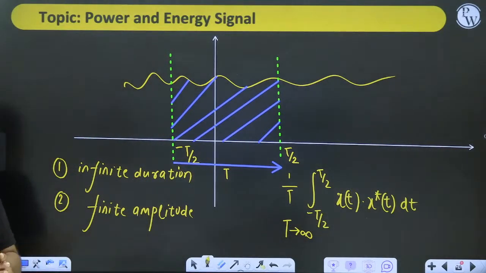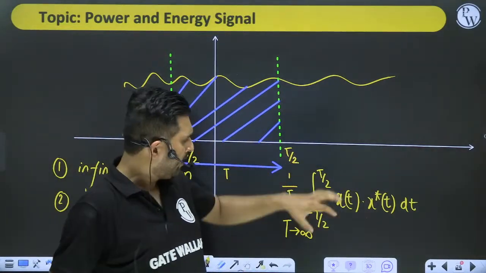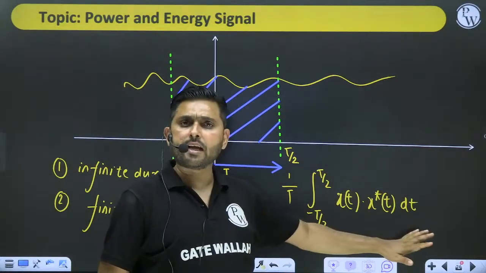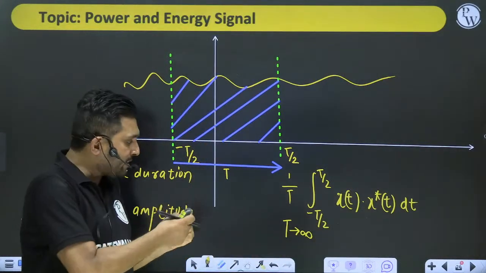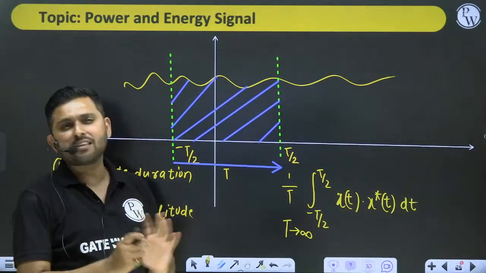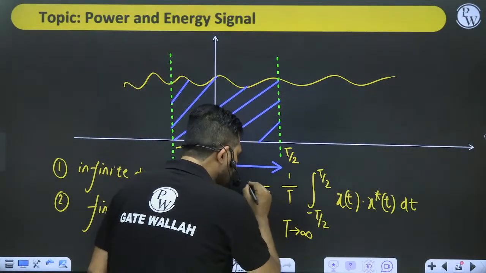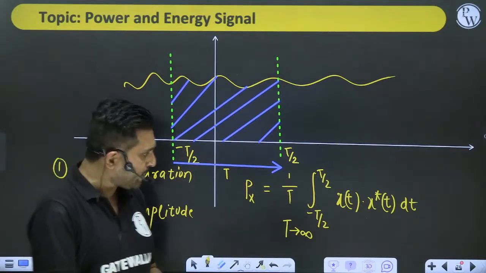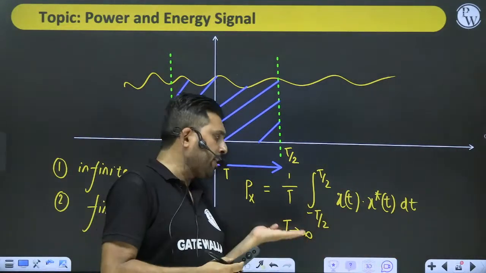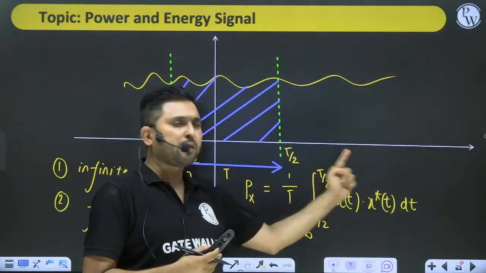I first restrict the signal over minus T by 2 to T by 2, find the energy over this extent, divide it by the bound I have taken, and let the bound tend towards infinity. This measure I denote by a new name: power. Power is basically energy per unit time.